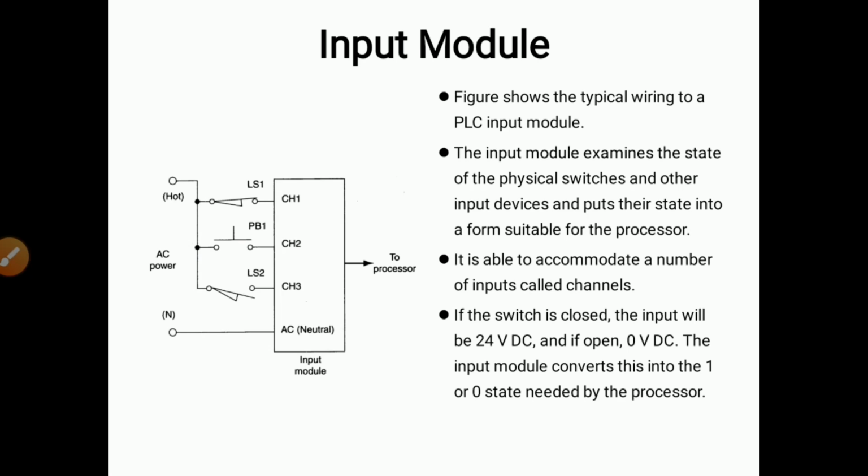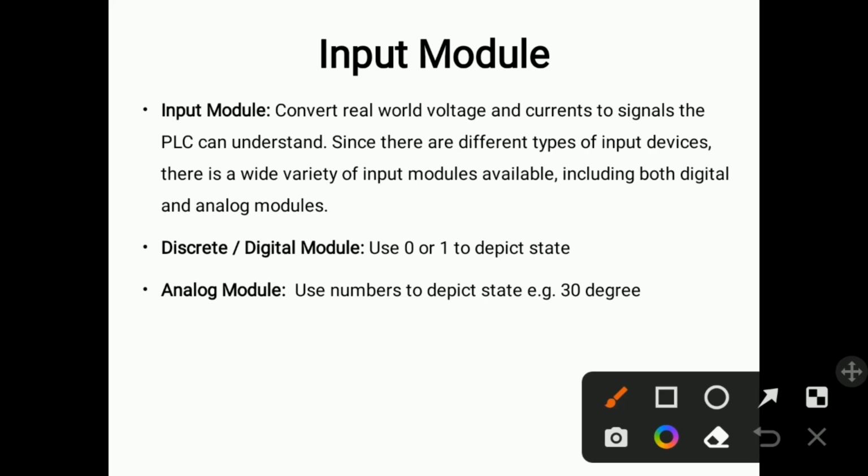Okay, so like this input module works, where we connect different types of switches to input side and converts them suitable for the processor. Okay, so the input module convert real world voltage and currents to signals that PLC can understand.